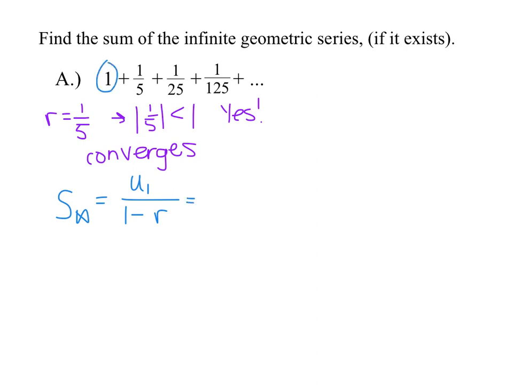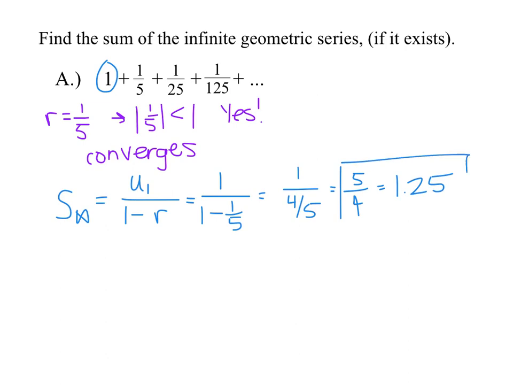Our first term is 1, so it's 1 over 1 minus 1/5. You can use your calculator to simplify that, but I'm just going to do it by hand. 1 over 1 minus 1/5 is 1 over 4/5. Dividing by a fraction is like multiplying by the reciprocal, so it ends up being 5/4. Or if you do it on your calculator, you'll probably get a decimal, 1.25.